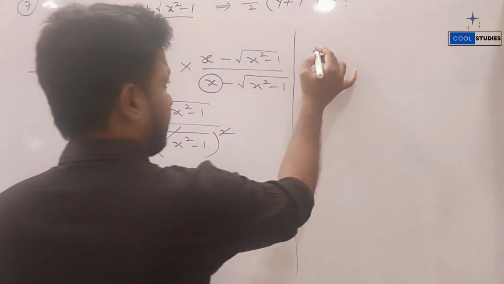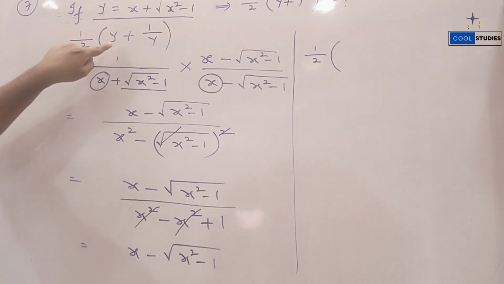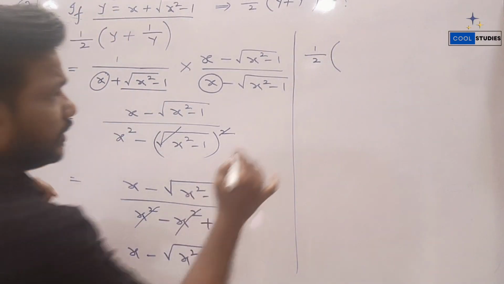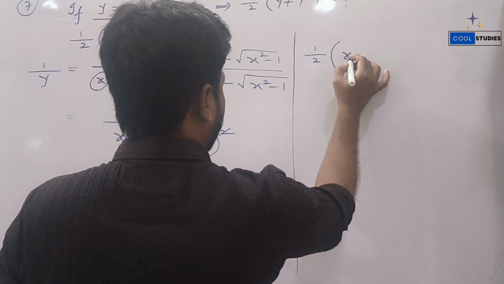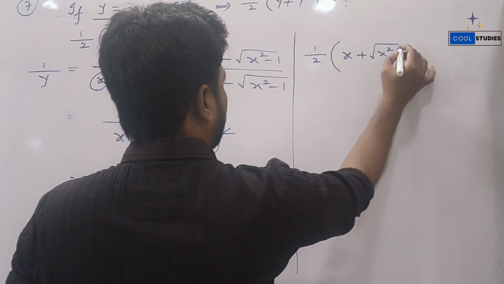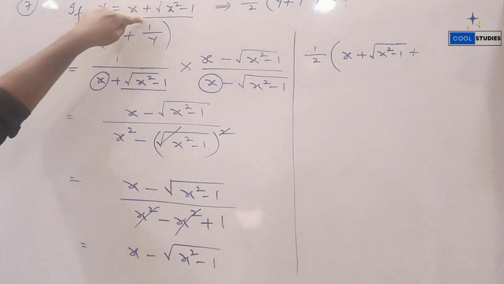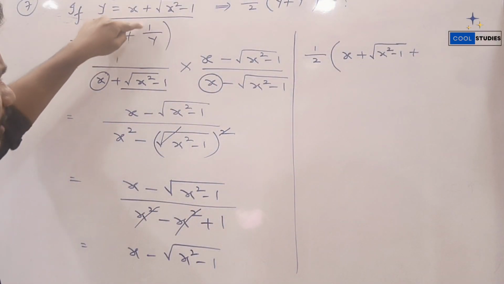Come to the question. We have to find 1 by 2 of y plus 1 by y. So what is the value of y here? Y value is x plus root over x square minus 1, plus this 1 by y. What is the value of 1 by y?